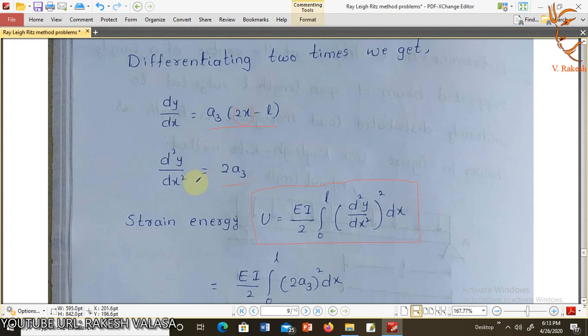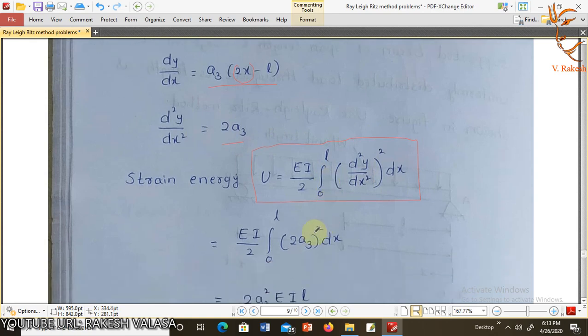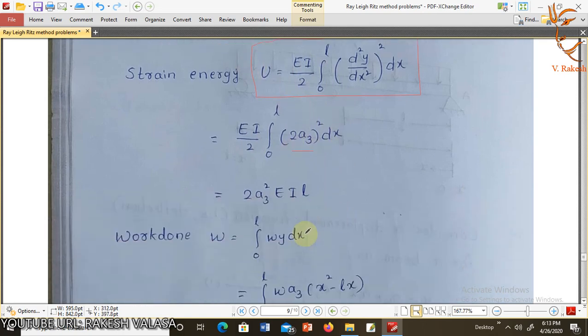Now substitute d square y by dx square in the strain energy equation. We get EI by 2 integration 0 to L of 2a3 whole square into dx. Simplifying this term, we get 2a3 square EIL.